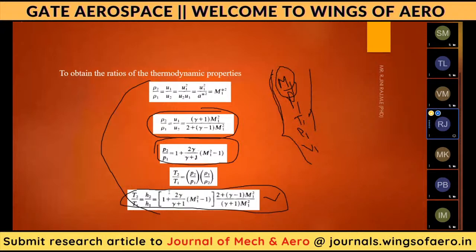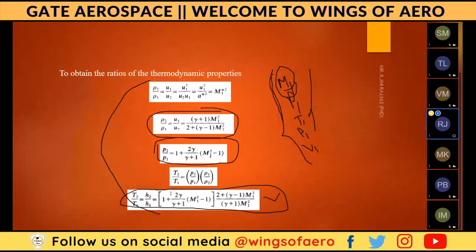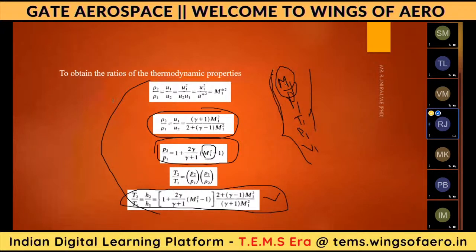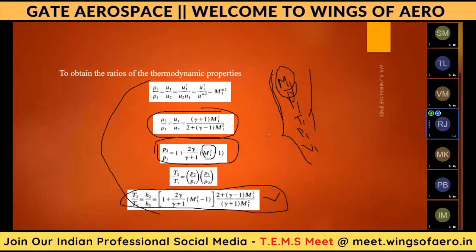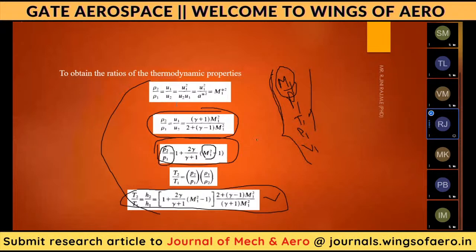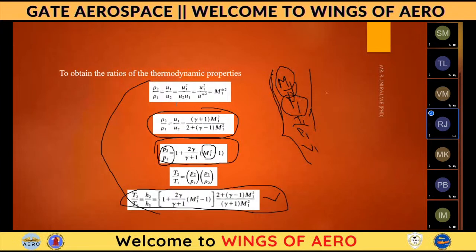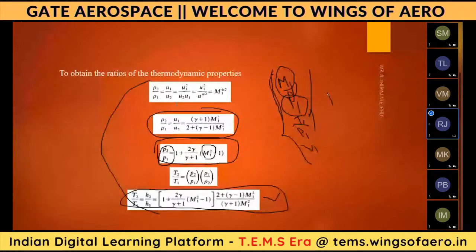This is the formula. So here the only unknown is M1 squared. If in your question they have given the initial Mach number, we can easily substitute the Mach number in this equation and find the value for the static pressure ratio. And also, if they have given the value for the initial pressure P1, by substituting in this formula, we can easily find the final pressure, that is, the pressure after the shock. So this is how we need to find the values.